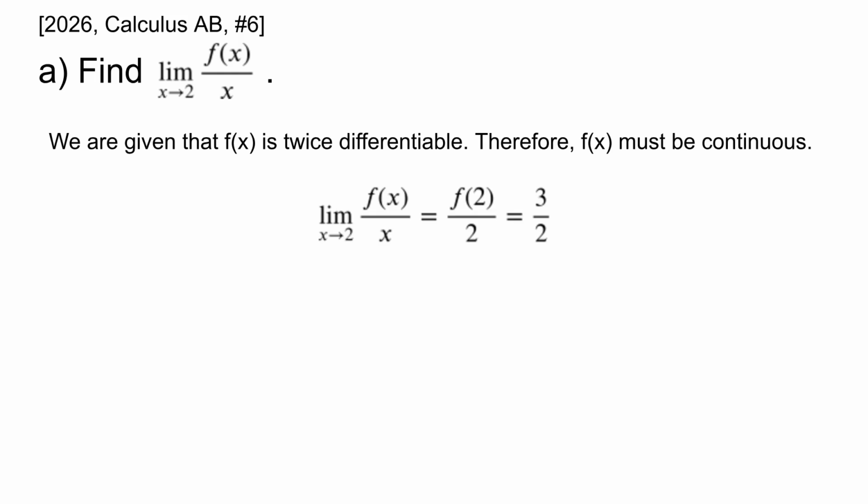Since f of x is continuous, we know that the limit as x approaches 2 of f of x must be f of 2. So the limit as x approaches 2 of f of x over x must be f of 2 over 2. And based on the table provided, f of 2 is equal to 3. So the limit as x approaches 2 of f of x over x must be 3 over 2.